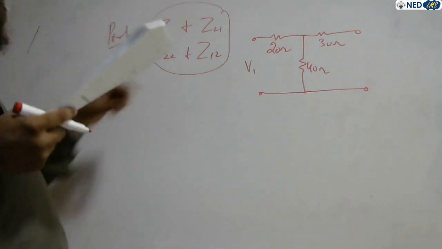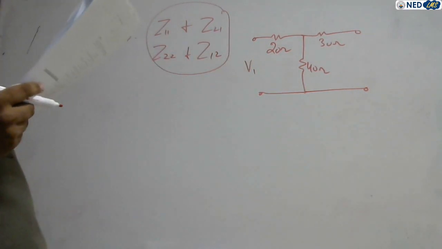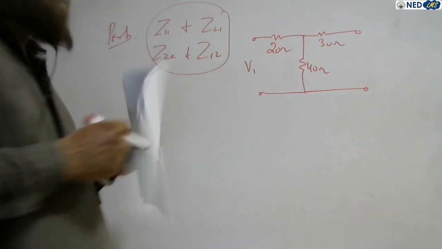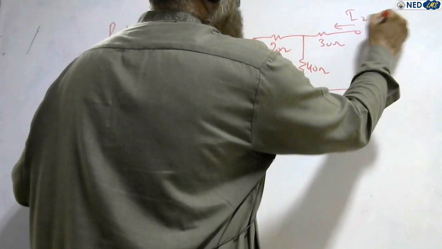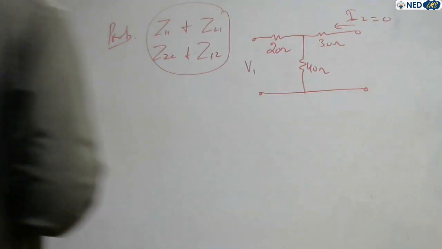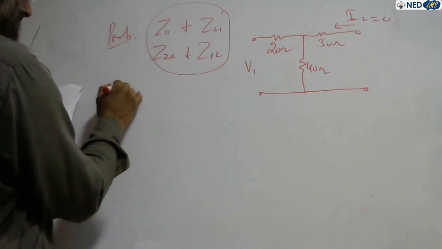We apply a test voltage source V1 on the primary side and leave the output open circuit, so there is no current on the output side. What is the impedance Z11?